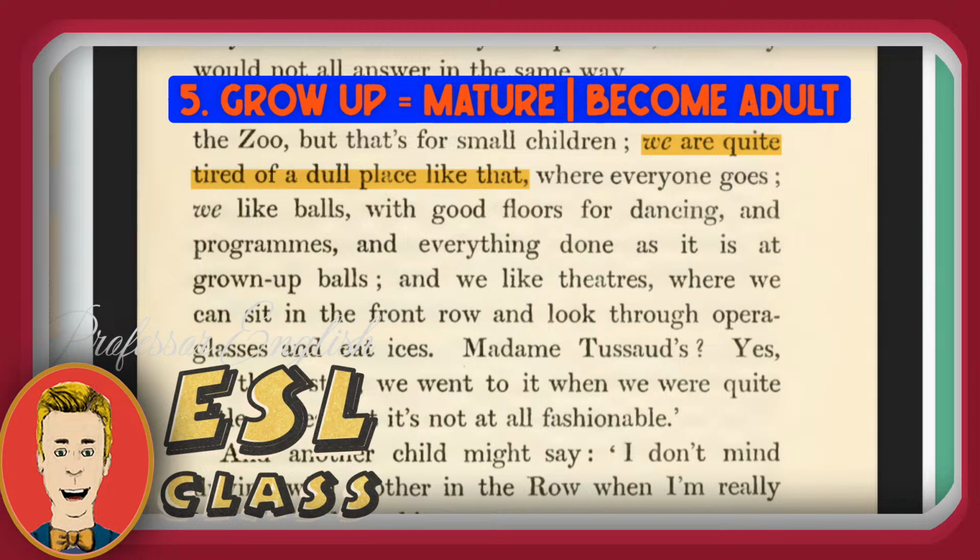Can you make a where grow up question? Where did she grow up? Let's answer London. She grew up in London. She didn't grow up in Los Angeles. She grew up in London. All right.